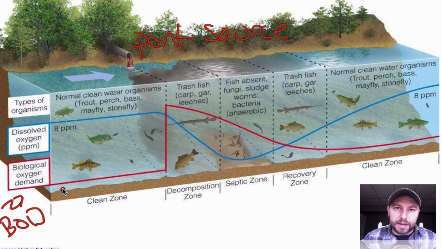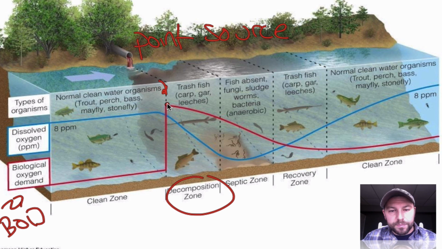As they break down stuff, they're going to consume some of the oxygen in the water. So if there's not much for them to consume, the activity is pretty low. Our pollution comes in. Notice our biological oxygen demand jumps up as that bacteria and those decomposers have something to eat and break down or decompose. Their BOD will be high.